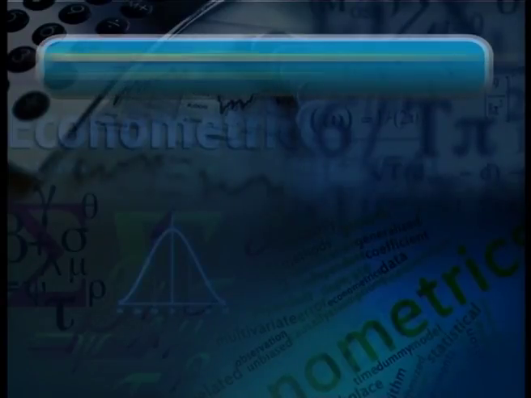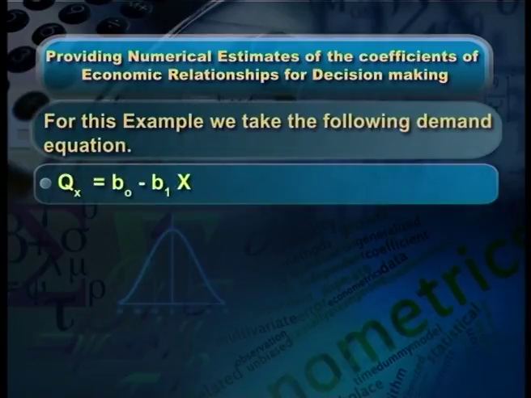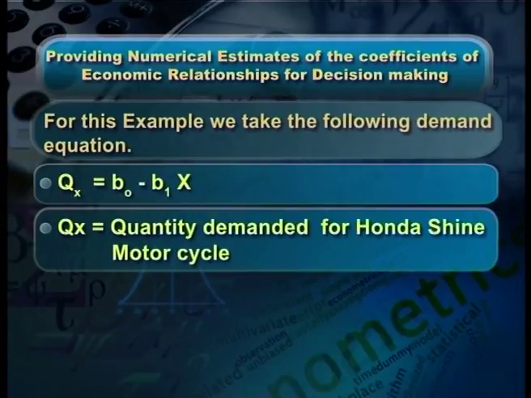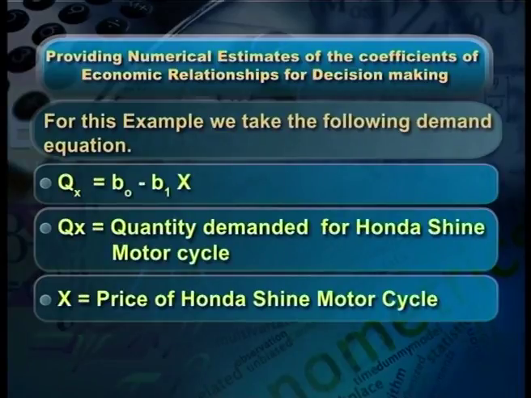For this example, we take the following demand equation, that is Qx. We know that the dependent variable is on the left side and independent variables on the right side. So, the dependent variable here is the demand for motorcycle, that is Qx, and x is its price. B0, B1 are coefficients.